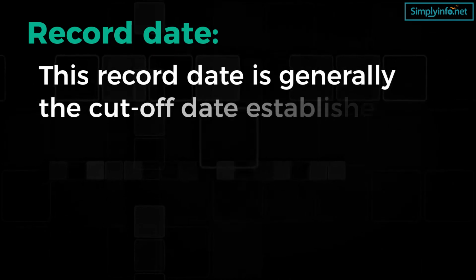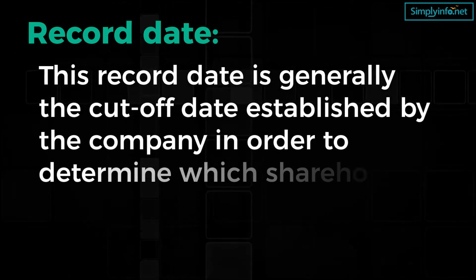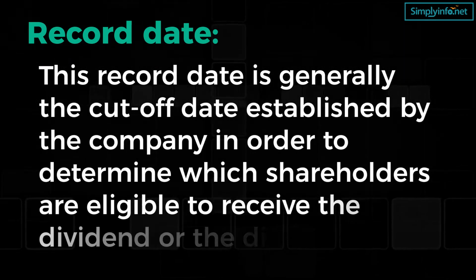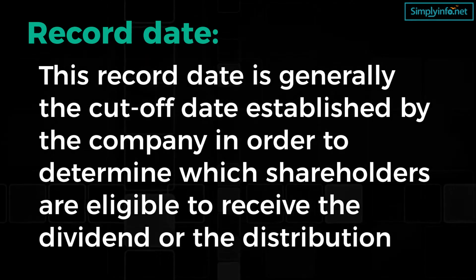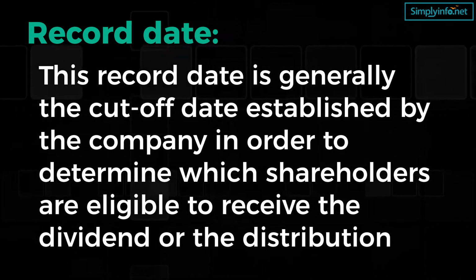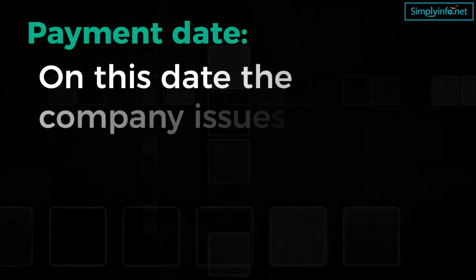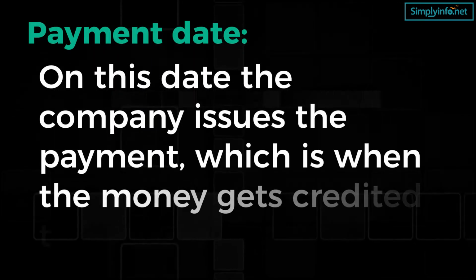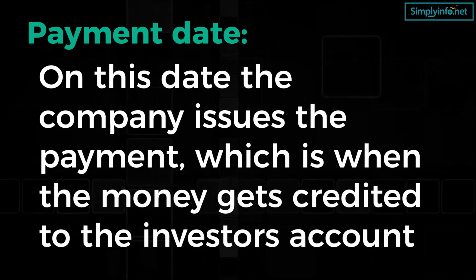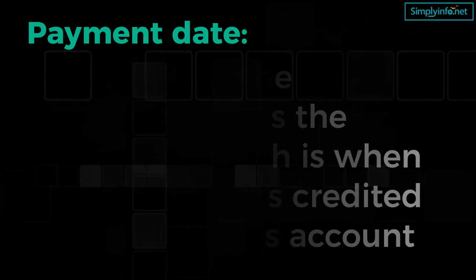Record date. This record date is generally the cutoff date established by the company in order to determine which shareholders are eligible to receive the dividend or the distribution. Payment date. On this date, the company issues the payment, which is when the money gets credited to the investor's account.